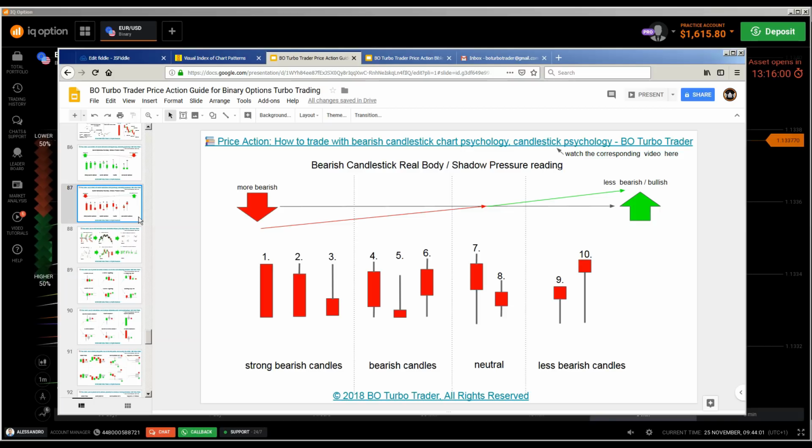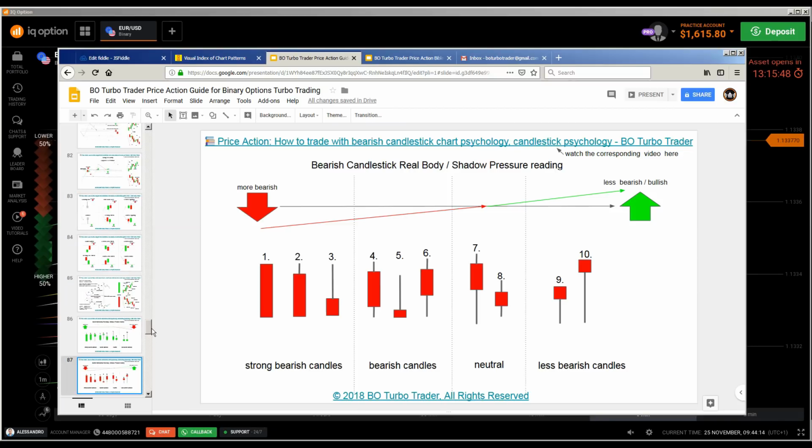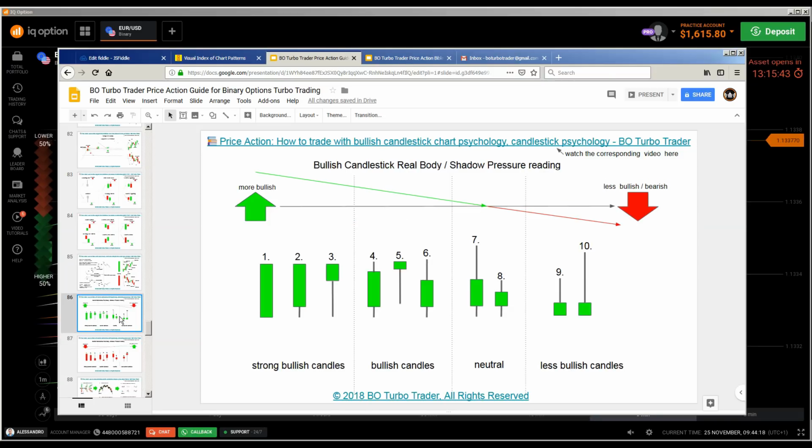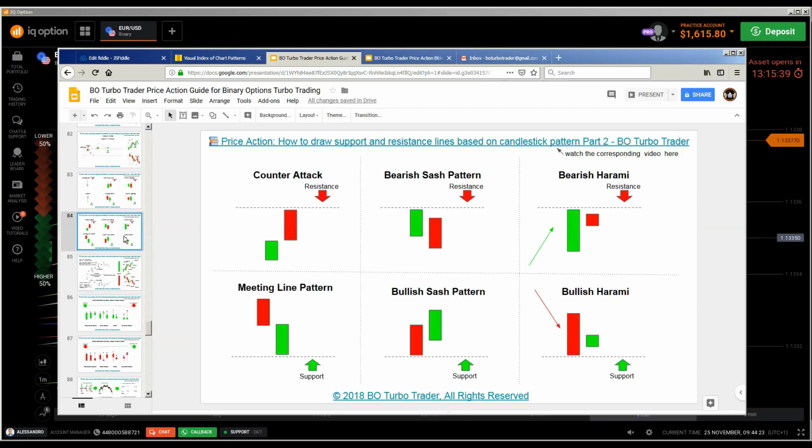That means longer wicks, shorter wicks, position of the closing price in relation to the candle, size of the real body. That is important stuff. That is what you should know. You should know what is a strong candle, what is a weak candle, to understand what the market is doing at specific key levels, support and resistance, and that we are here already on the next one.